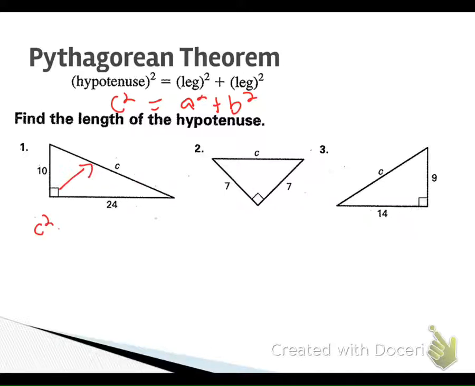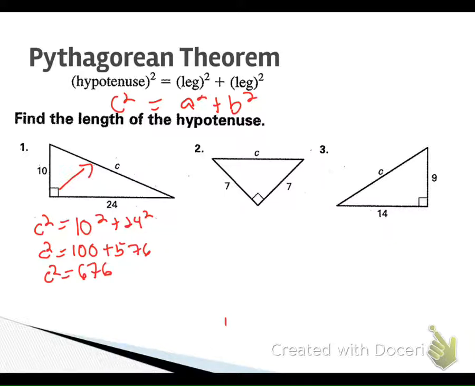Okay, so I think that you guys have these on your page. So what is our hypotenuse in this first one? The side opposite of your right angle is C. So we have C squared equals my 2 legs, 10 squared plus 24 squared. What is 10 squared? What's 24 squared? 576. Okay, we are going to combine those two. 676.